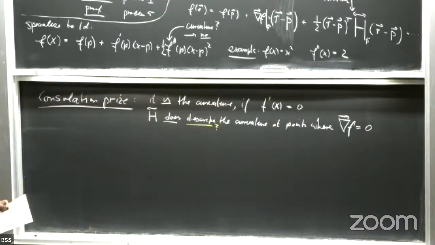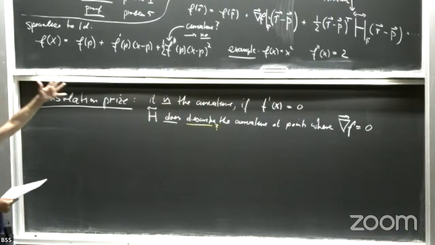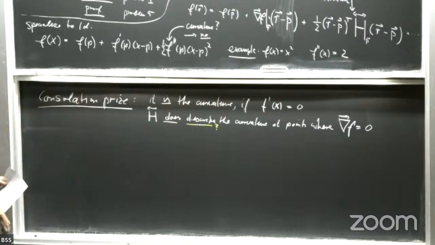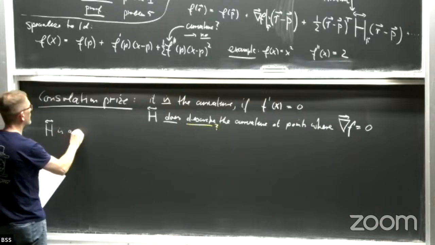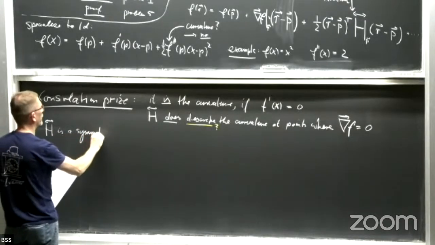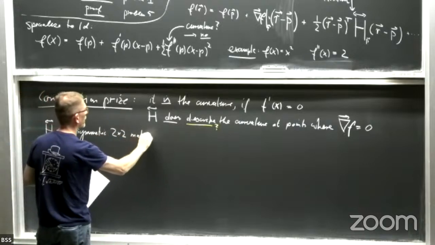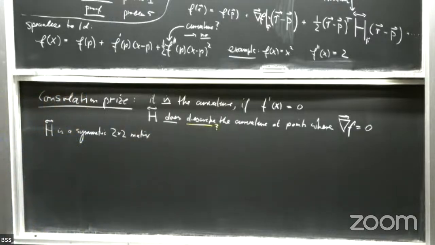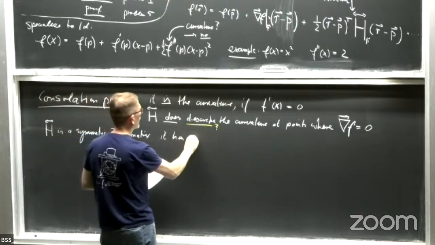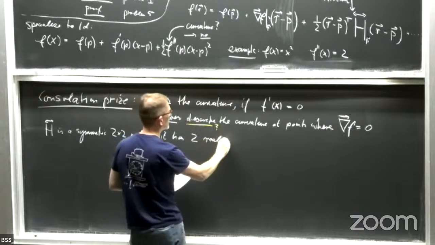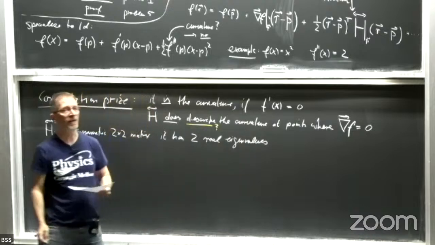Okay. And so the way that this works is, reminder, this is a matrix. It's a 2x2 matrix. The Hessian is not just any old 2x2 matrix. H is a symmetric 2x2 matrix. And because of that, as you all know, it has two real eigenvalues and associated eigenvectors.